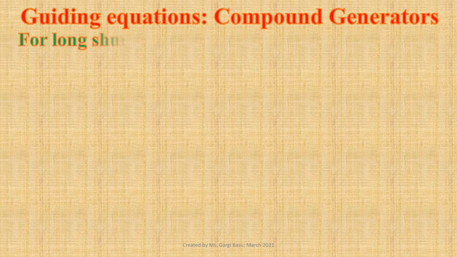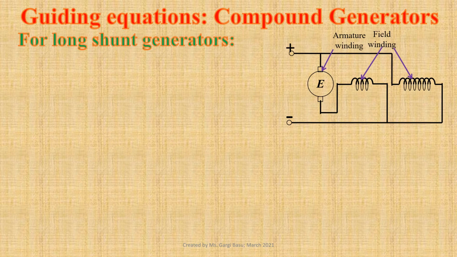In long shunt DC generators, series field winding is connected in series with the armature winding. The shunt field winding is connected in parallel with the series combination. A resistive load of resistance RL is connected to the output.